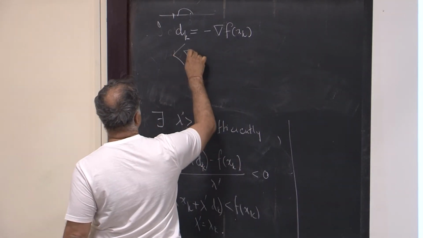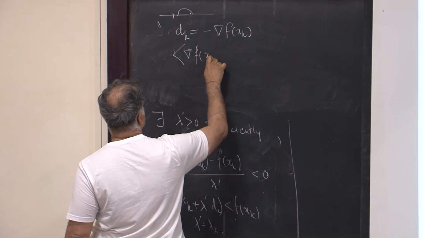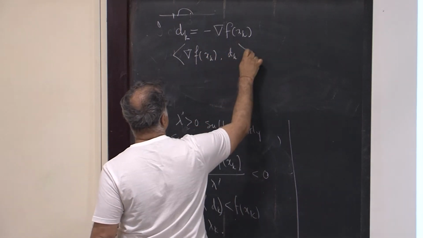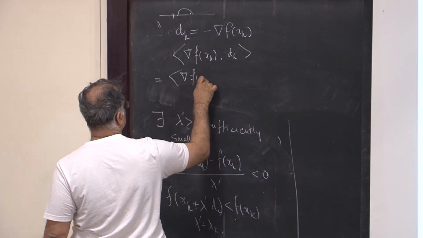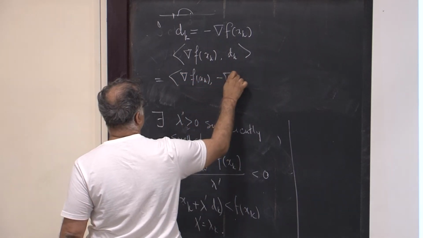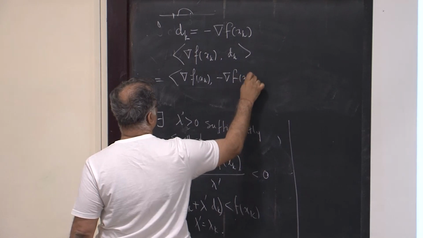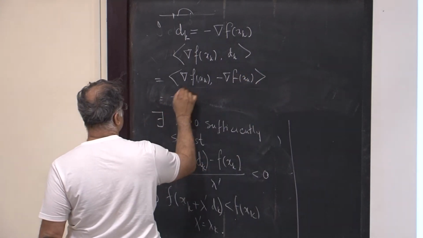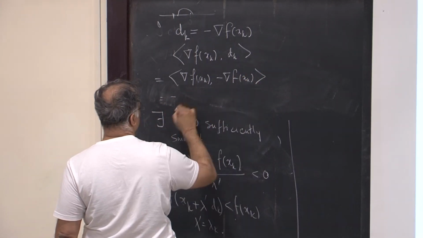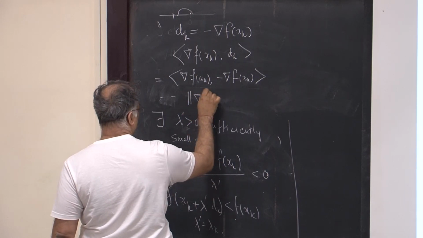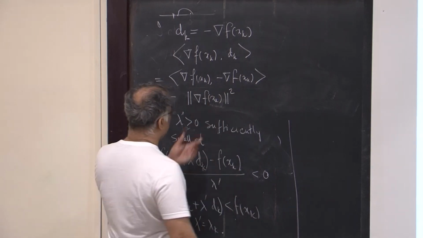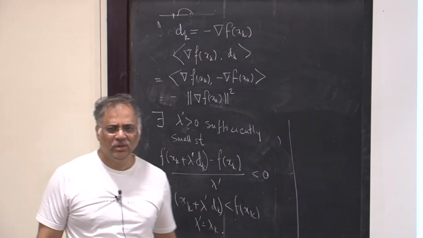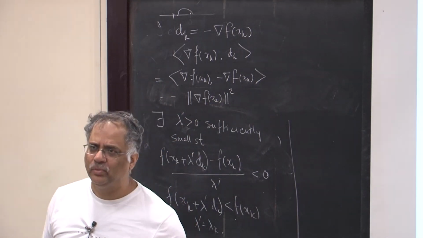So what is grad f x k, d k? This is nothing but grad of f x k times minus grad of f x k. This simply means the minus of the inner product of this with this, which is nothing but the norm of grad f x k squared. Now, grad f x k is not 0, so the length of that vector cannot be 0.